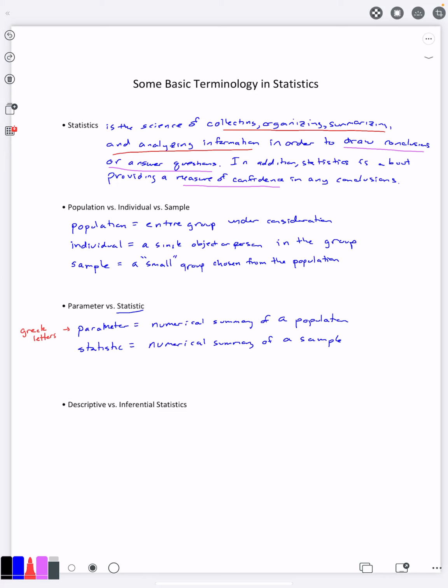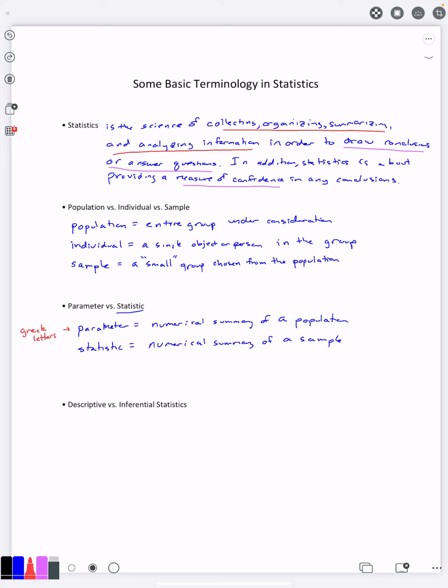We will talk in detail for each parameter about what letter we are using, but just understand that when you see a weird symbol, it's almost certainly going to be a parameter because it is a Greek letter. That's just the way it's done in statistics, but I thought I would point it out right now so you can keep an eye out as you're reading through the material that the weird letters are almost certainly talking about parameters.